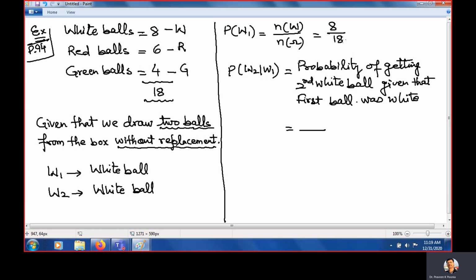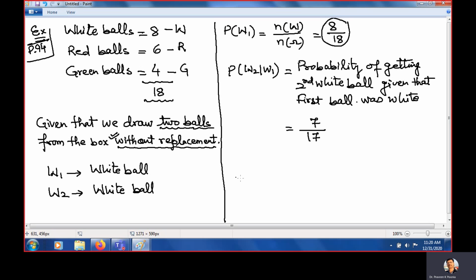If the first ball we have already drawn, then 18 minus 1 is 17. Because the first ball was also white, one white ball is already drawn. So what is the answer? The answer is 7 over 17. If the first ball is drawn, then one less here and one less here. Why? Because it is without replacement. You did not put the ball back into the box.